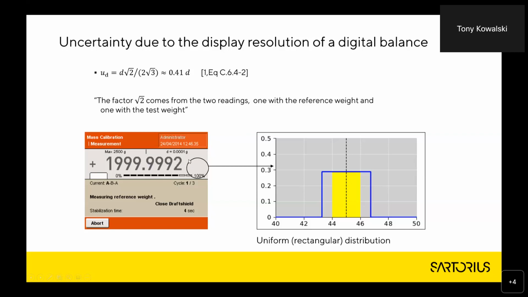But if it's over 5, then that would be a 3. So between 0 and 4 on the invisible decimal place, it will be a 2. Between 5 and 9, it would be a 3. So there's a slight uncertainty coming from the display resolution.